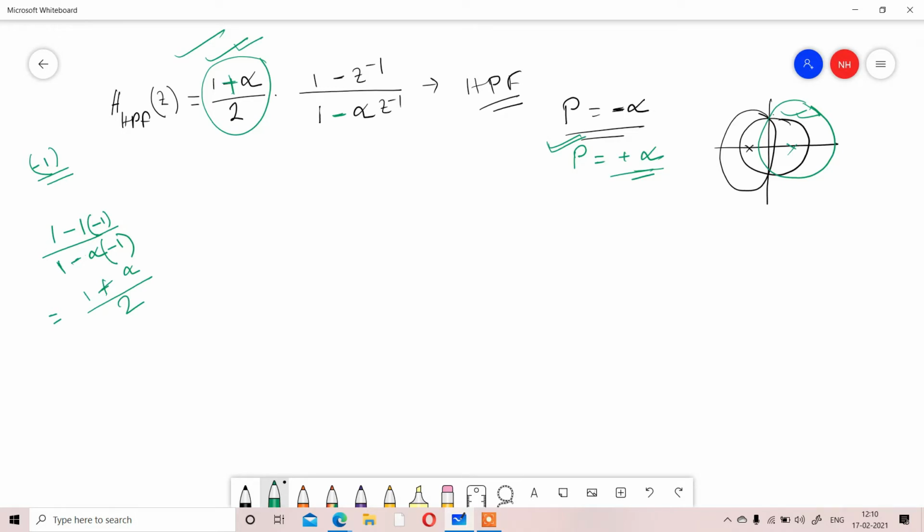If we make this change, that will give you the high pass filter of the same characteristics. But here the pole we are considering on the positive side.